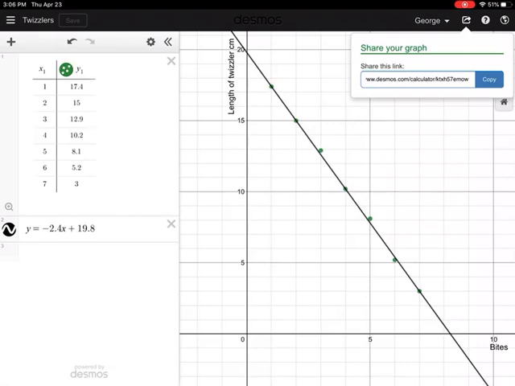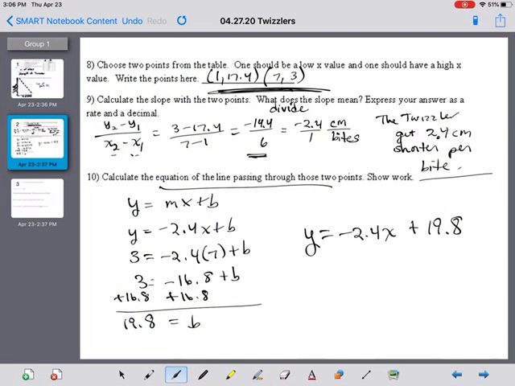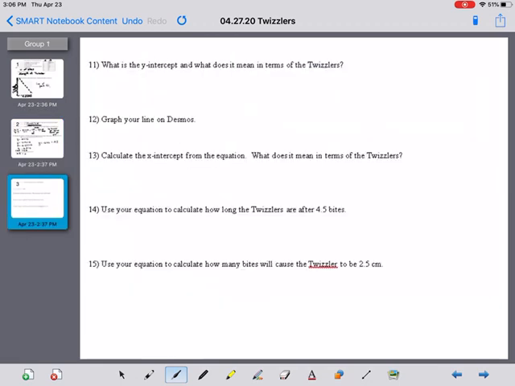But let's finish by answering the questions on the paper. So I'm going to go back. And here you go. So number 11, what is the y-intercept? So let's write the equation on here again. Negative 2.4x plus 19.8. So you get it from the equation. It's the constant, so it's 19.8. And actually we write it as an ordered pair, (0, 19.8).